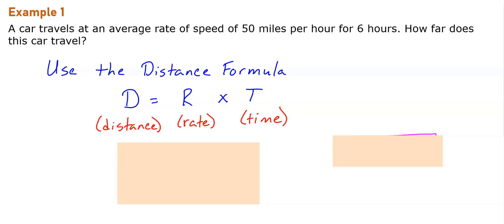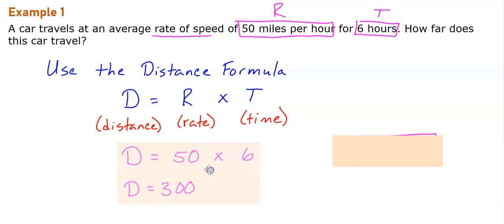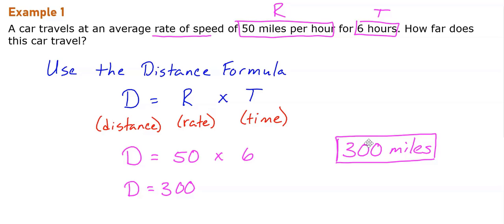So looking at our example, the rate is 50 miles per hour, and our time would be 6 hours. So all we have to do is plug those two numbers in there to figure out the distance. So that would be 50 times 6, which equals 300. So this car traveled 300 miles in 6 hours, going 50 miles per hour.